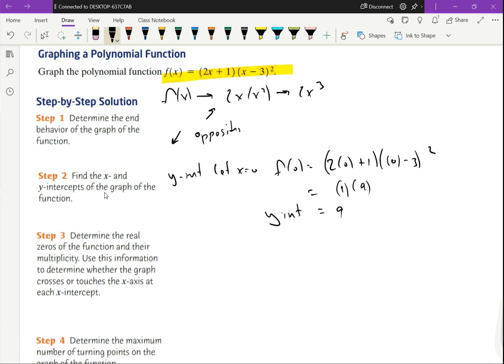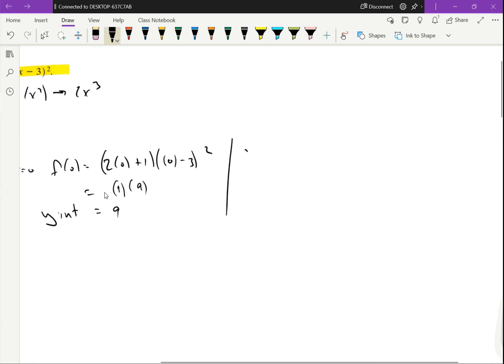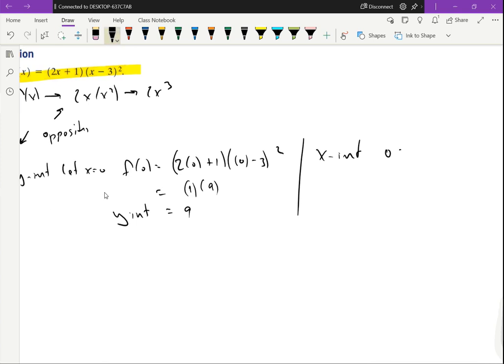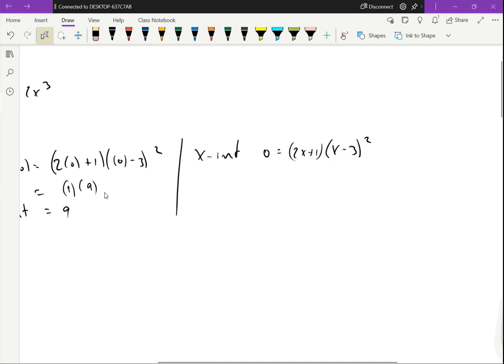To find my x-intercept, when does the function go to 0? So when does 0 equal 2x plus 1 multiplied by x minus 3, that quantity squared? Using the zero product property, either 2x plus 1 must be 0, or x minus 3 squared must be 0.